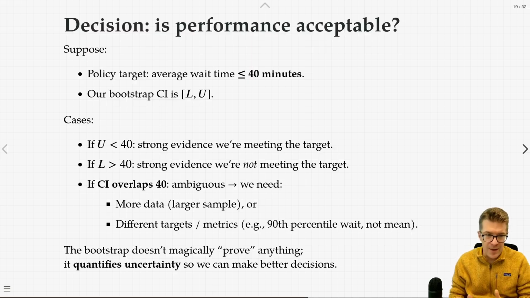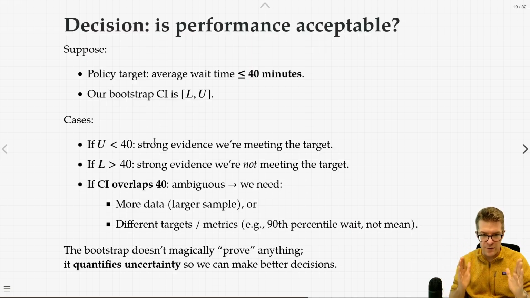If the low end is bigger than 40 minutes, which is to say if only 2.5% of the observations are less than whatever L is, and L is greater than 40 minutes, this is pretty strong evidence that we're not meeting the target, right? The low end of our confidence interval is bigger than our maximum policy of 40 minutes. That means that wait times are much bigger than our policy target, and therefore we're doing a very bad job of meeting the target.